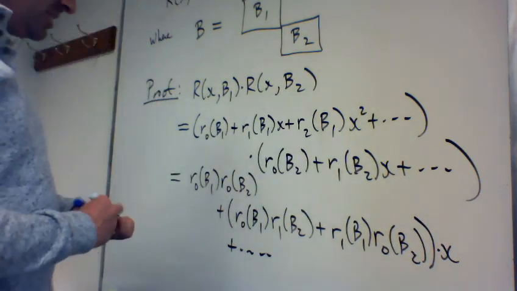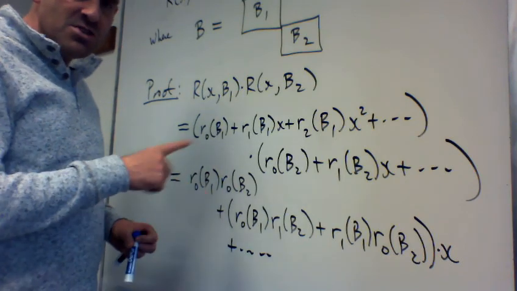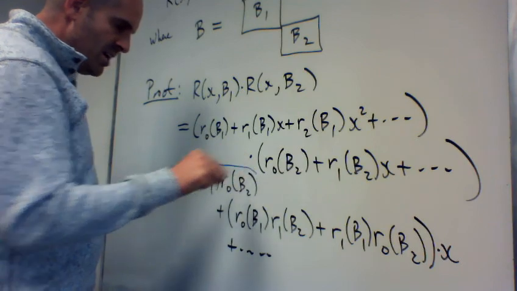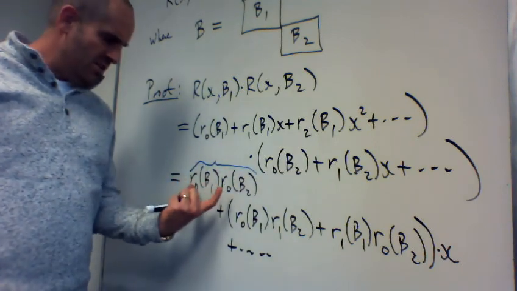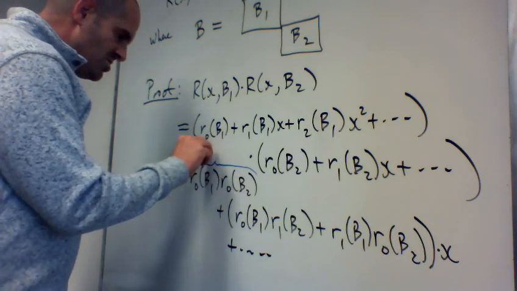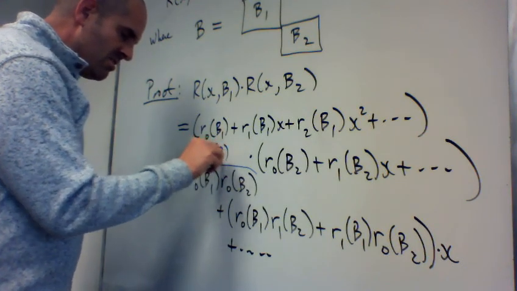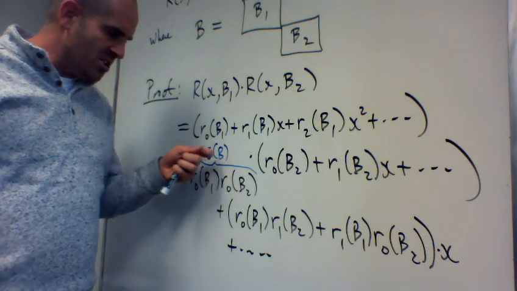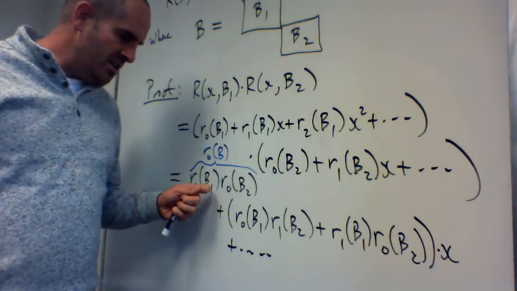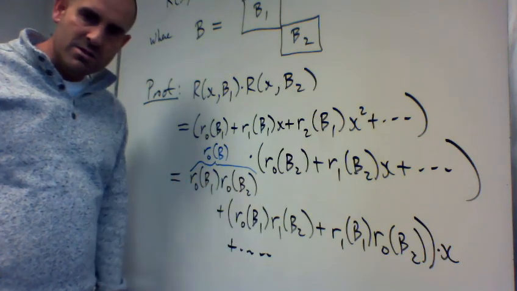But what are these things? Well, remember that little relationship we had. This right here, R0 of B1 times R0 of B2, that is R0 of B. Want to place 0 rooks on board B? Well, then you'd better place 0 rooks on board 1 and 0 rooks on board 2.